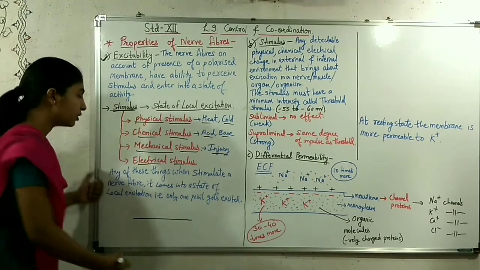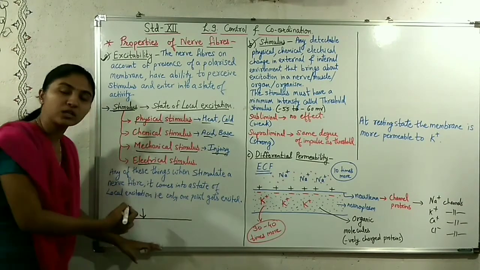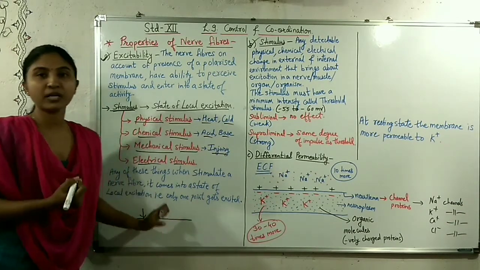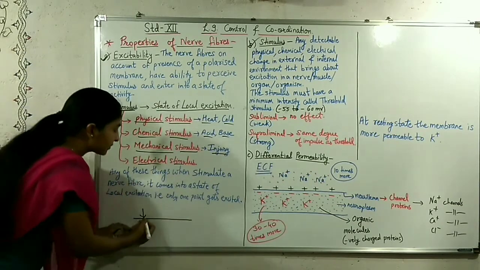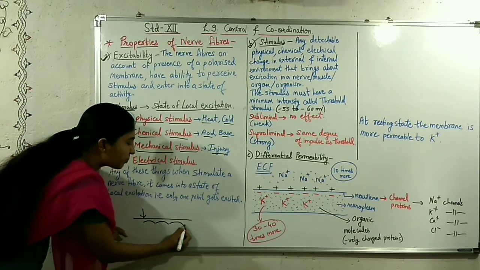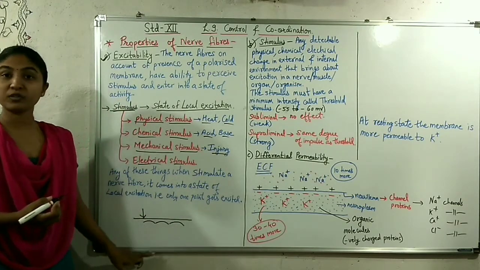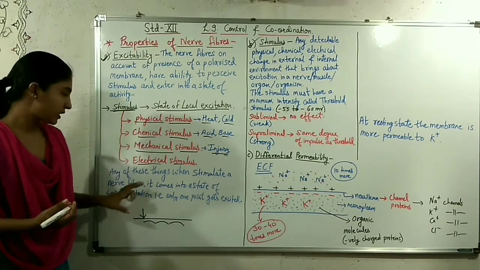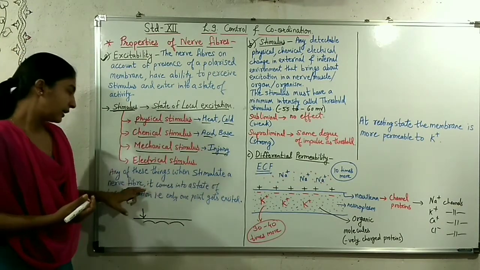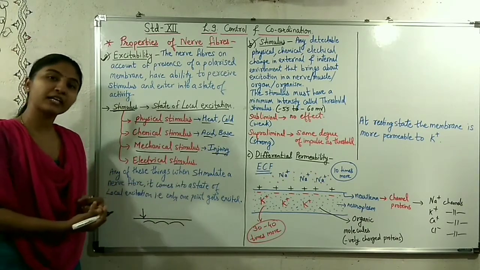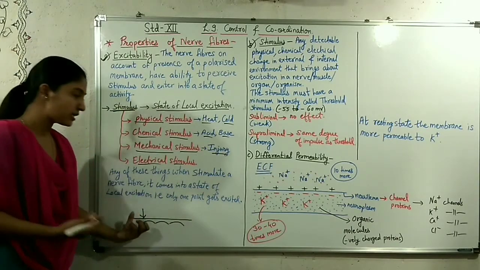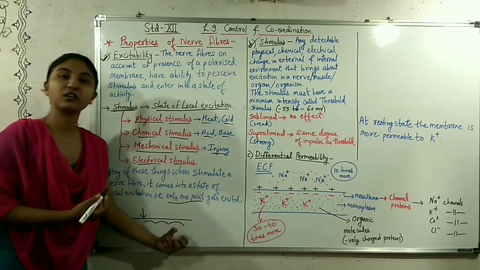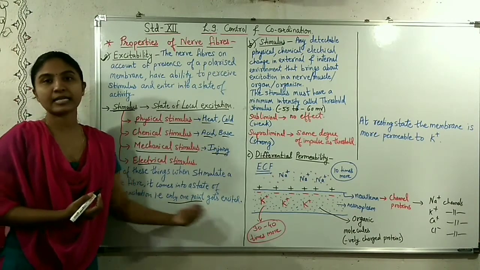Only one point on the nerve fiber gets excited, and this stimulus is passed on from one point to another point on the membrane of the nerve fiber. So if the nerve fiber gets stimulated, it comes into a state of activity, and when it gets the stimulus, only one point on the membrane of the nerve fiber gets excited.